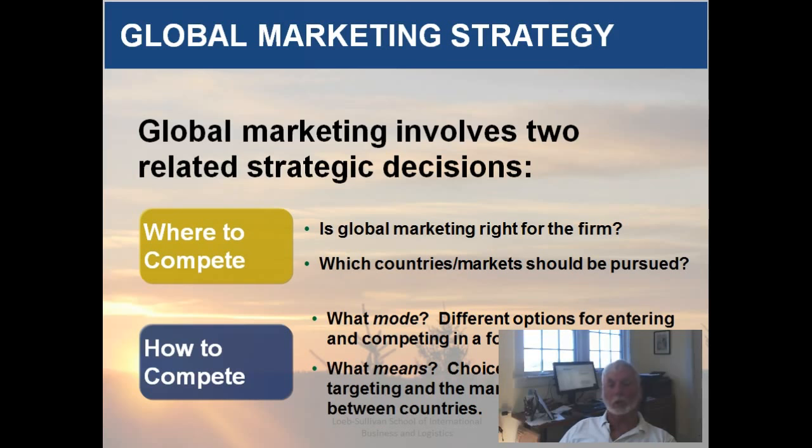So you'll see that large companies tend to go global at a slower rate than small country companies, because the opportunities are there at home for somebody operating in a large country.